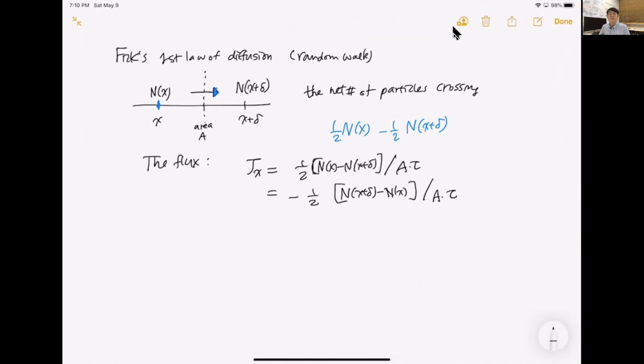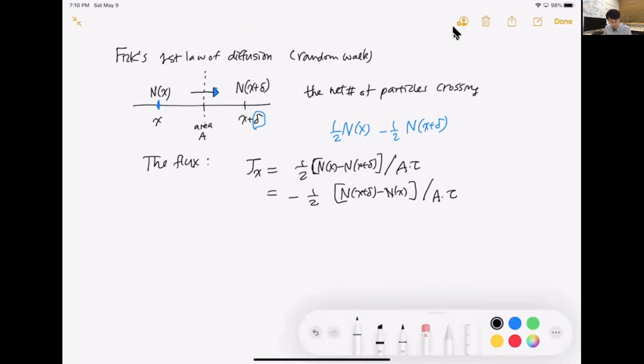And now, because this n is a number, we want to describe it as a concentration, which means the number of particles per unit volume. And the unit volume will be A times delta, let's say this delta is delta x. So area times delta will form a nice volume.